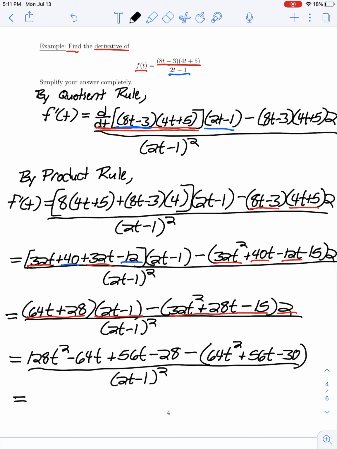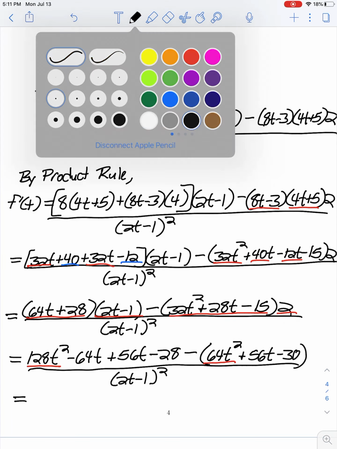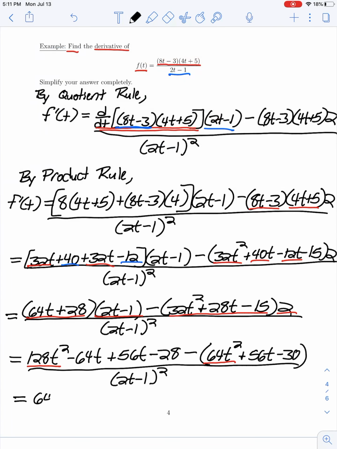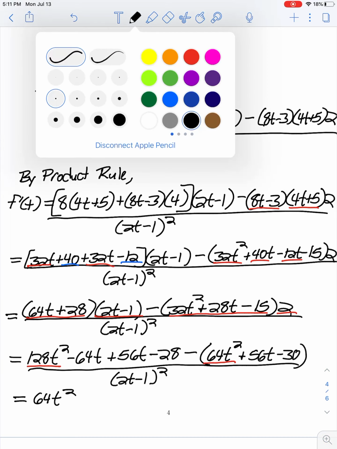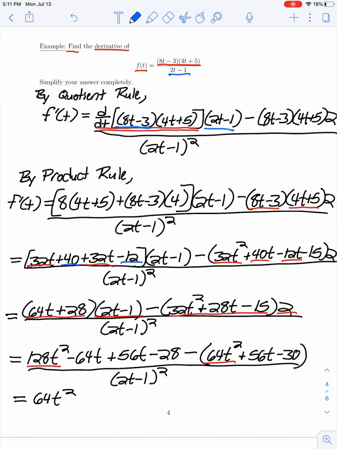So finally, grouping all like terms based off the power of t in our numerator, we have a 128t squared minus 64t squared. Leaves us with 64t squared. Then grouping our powers of t, we had negative 64t plus 56t, and then we are subtracting on the end 56t.